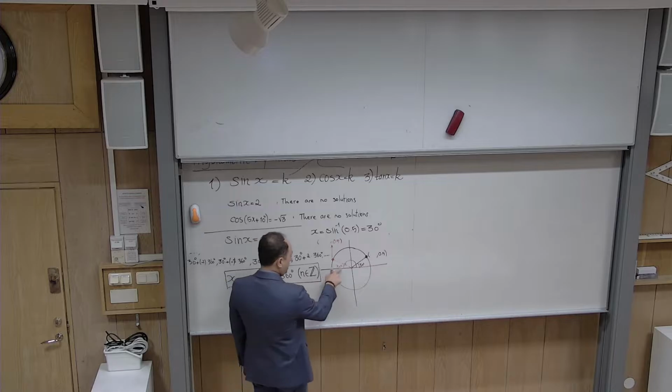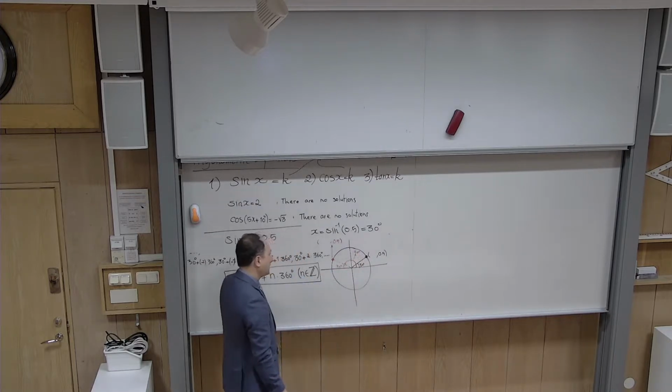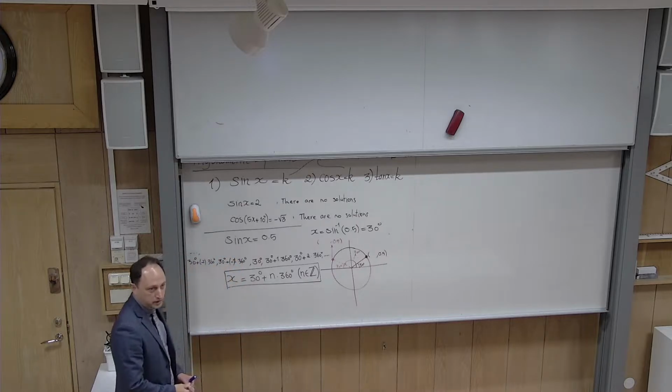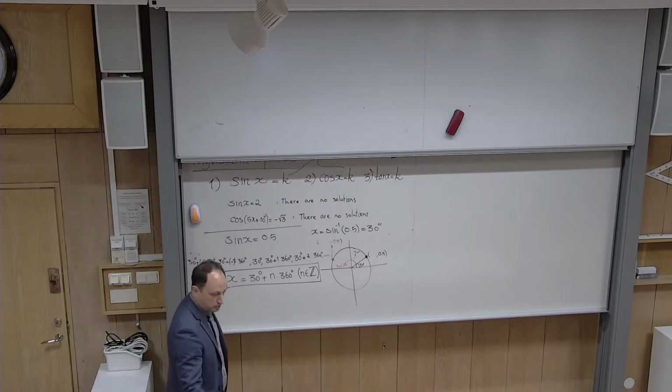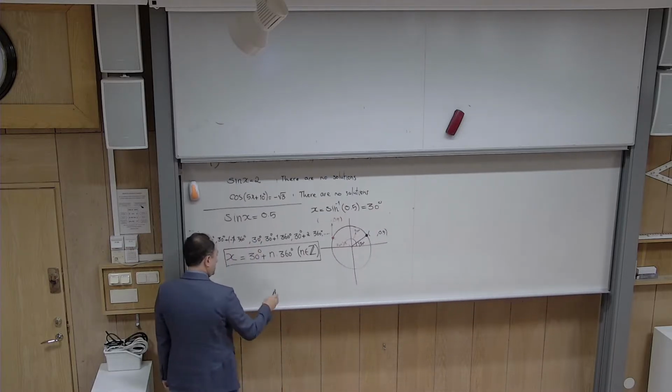In this case, if this is 30, it is a very easy guess to see that this is, as he said, 150 degrees. Yes? So this means that another solution that I want to write is 150 degrees.